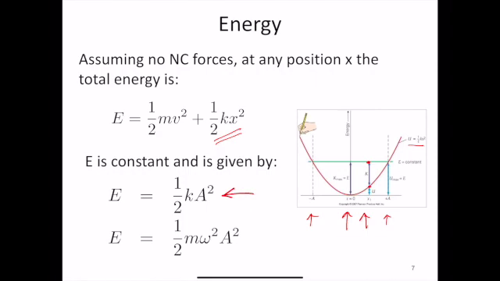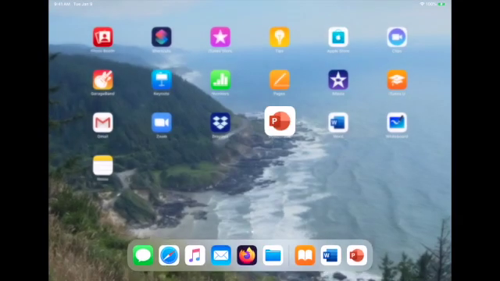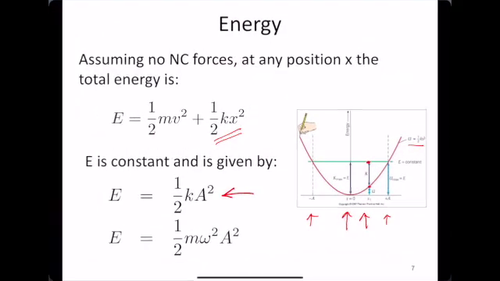And another expression for the total energy, you can derive from the fact that the total energy is kinetic at x equals 0. I'll just do it over here. So at x equals 0, the total energy is kinetic, as you can see from the graph. So the total energy is equal to half m.